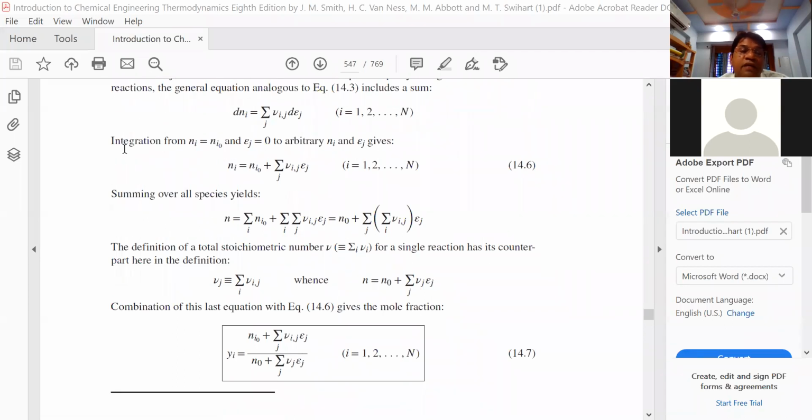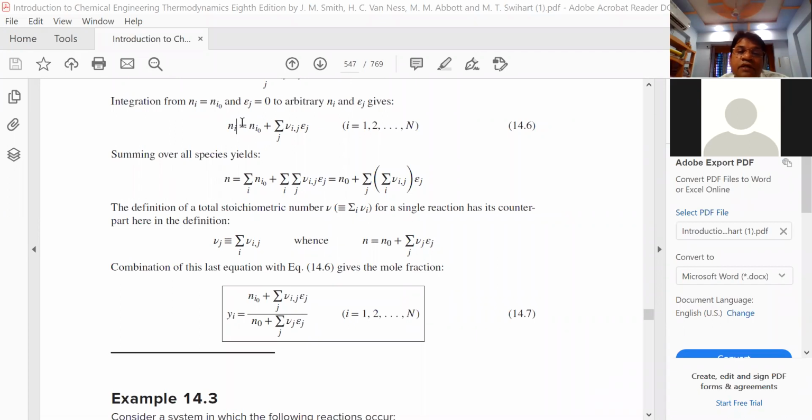Similarly, consider the number of moles after progress of some reaction and the initial number of moles, and how they are related. The number of moles after progression of reaction is equal to the initial number of moles plus the summation over j, where j is the jth reaction, of ν_ij ε_j. Similarly, all the quantities are calculated.